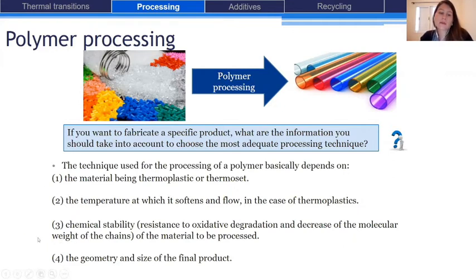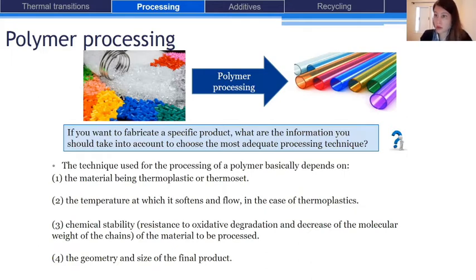Then we should take into account the chemical stability, because polymers can degrade, and so we should avoid it during processing. So taking into account the resistance to oxidation or the mechanical degradation, during which we observe a decrease of the molecular weight because the chains are broken during the process.